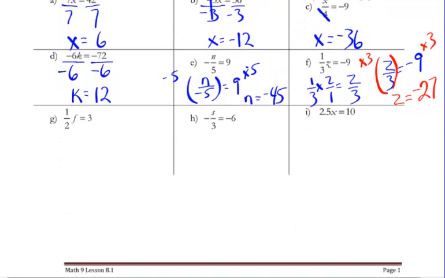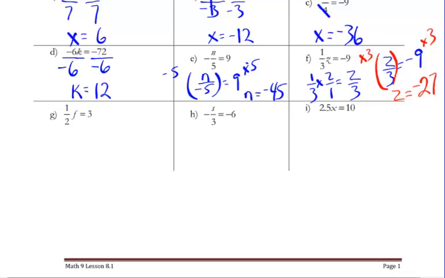Okay, next question. 1/2 f, and I'm going to rewrite that as f over 2 equals 3. So that's f divided by 2. The inverse operation would be multiplication. So if we multiply by 2, the 2's cancel on this side, and we get f equals 6.